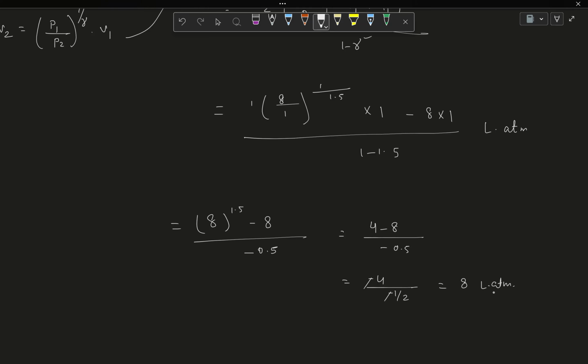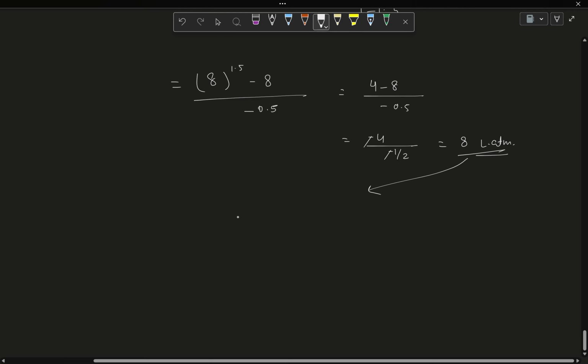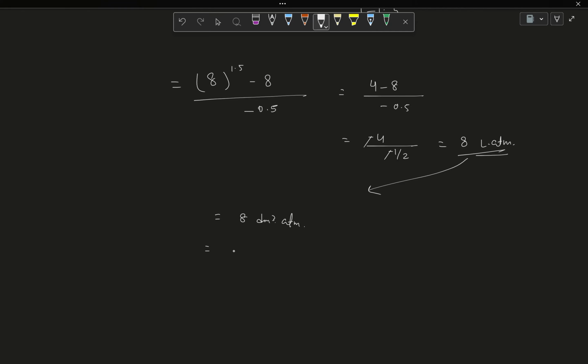Okay. So if you have to convert it into joule, liter is nothing but decimeter cube. So this is decimeter cube into atmosphere. Now you have to convert into joule, that means all in SI units. So decimeter cube will have to be converted into meter. So 1 meter is equal to 10 decimeter. So 1 decimeter cube is 10 to the power of minus 3 meter cube.